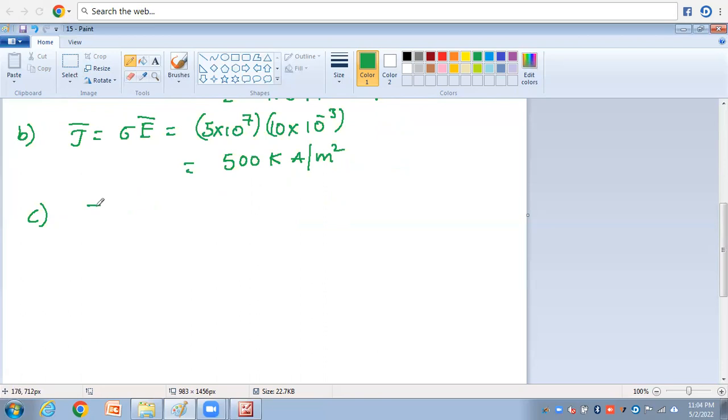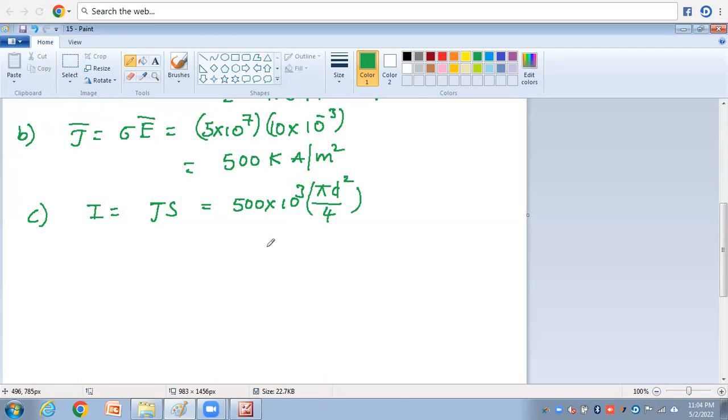In the third discussion, the current in the wire I equals very simple, J times S. J is the one just now derived, 500 kilo, 10 to the power of 5. S means this area. Simply I will write the formula pi d squared by 4.